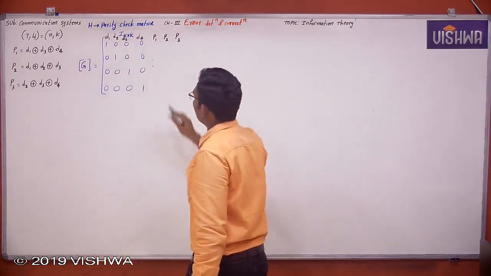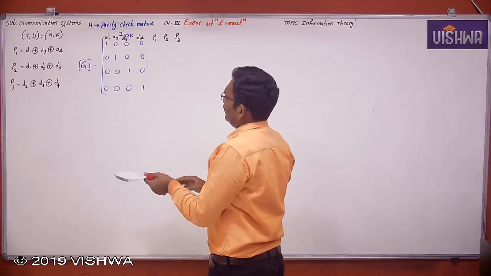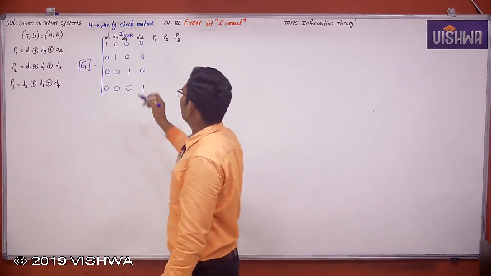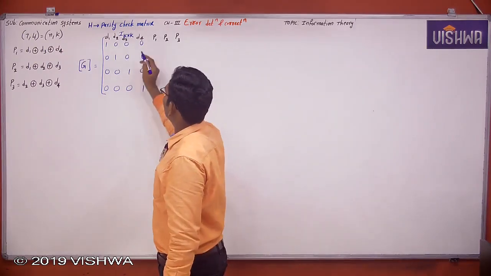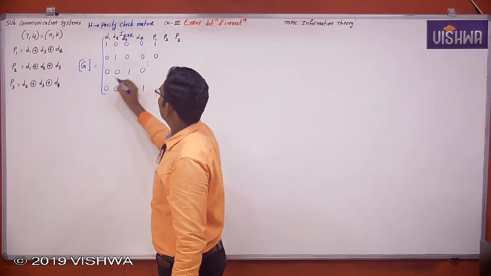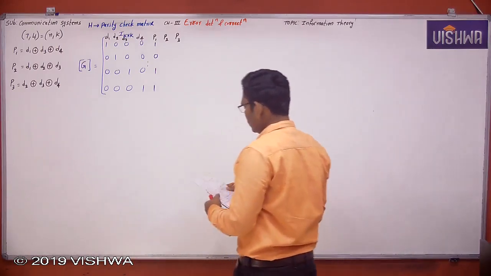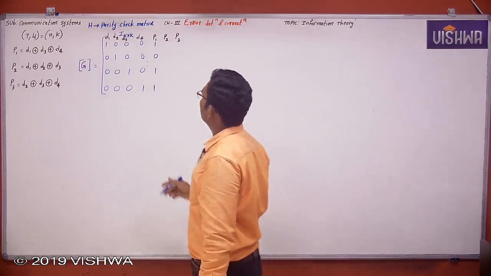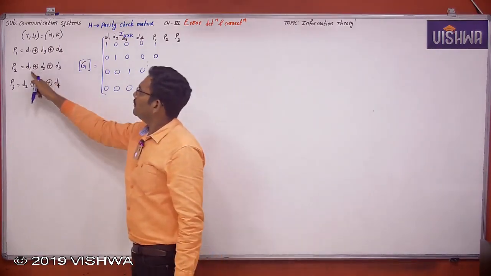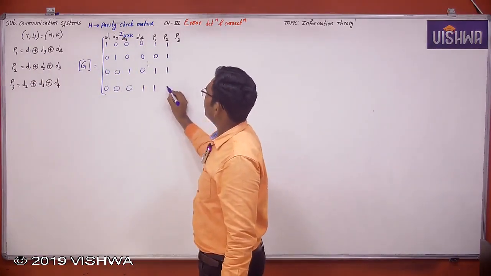Now P1 is D1, D3, D4, so 1, 0, 1, 1. Now P2 is D1, D2, D3, the first 3, so 1, 1, 1, 0.